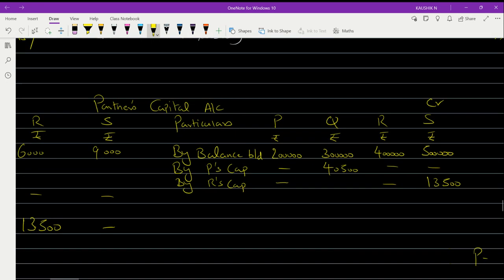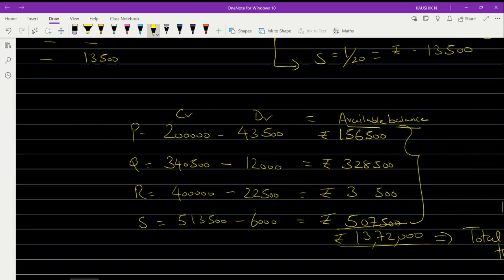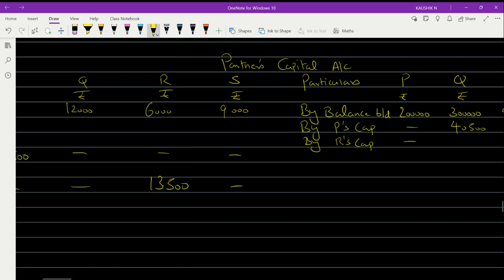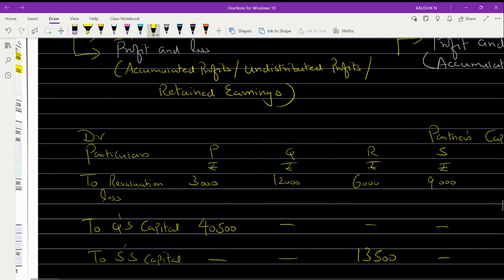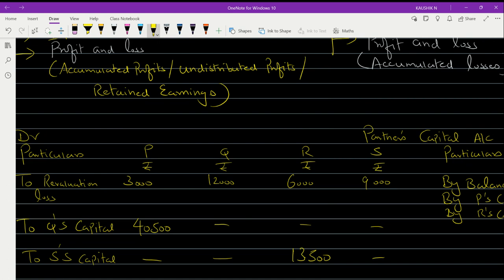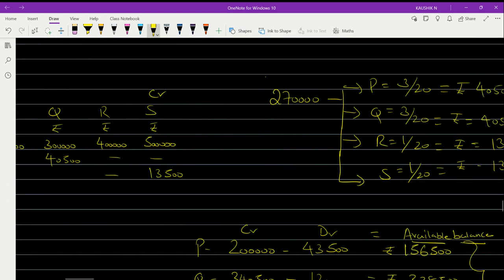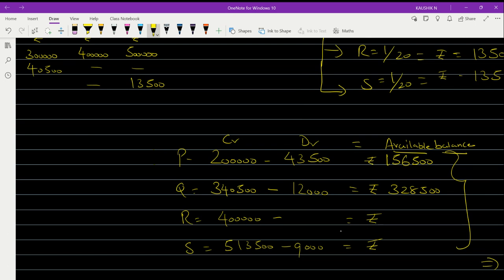Then I think here we need to change the value. Okay, so here it is going to be 9,000. And here it is 6,000 and the other value 13,500, which means 19,500.